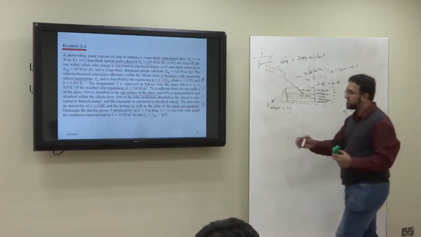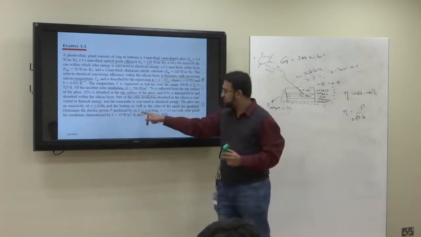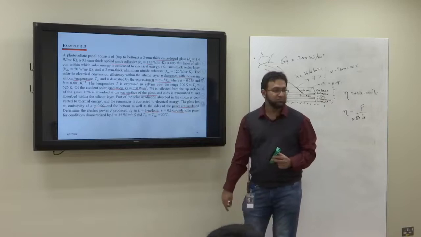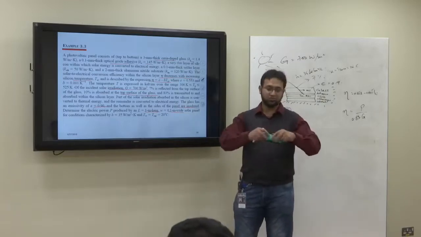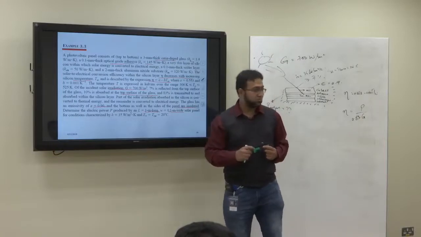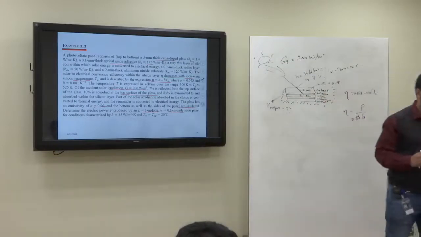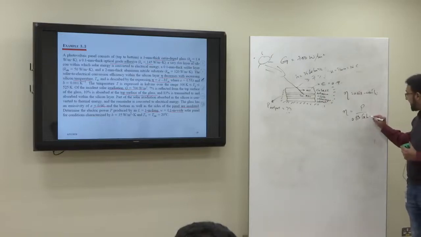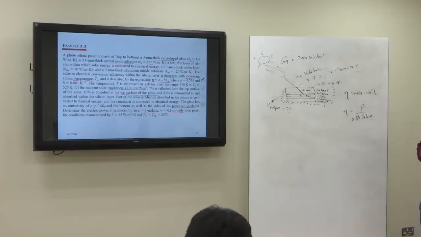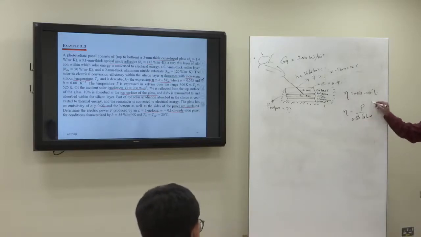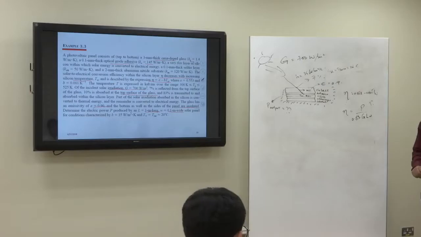It's given that the panel is 1 meter long and 0.1 meter wide, if you see from the top. So you know the area, so multiply this by L and W. So that's the input. Is it clear? That is what you need to find, right?